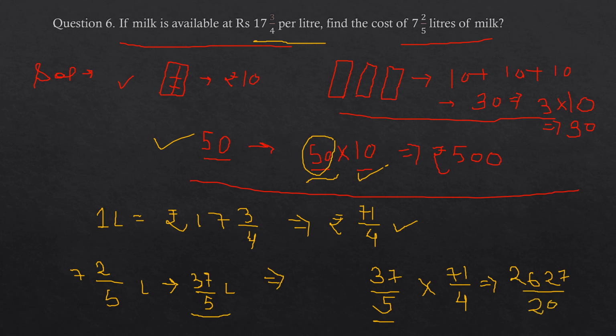So this is the cost for 37 by 5 liters of milk, or 7 whole 2 by 5 liters of milk. And if you convert this improper fraction into a mixed fraction, then this will be equal to 131 whole 7 by 20. Okay, this will be equal to 131 whole 7 by 20 rupees.